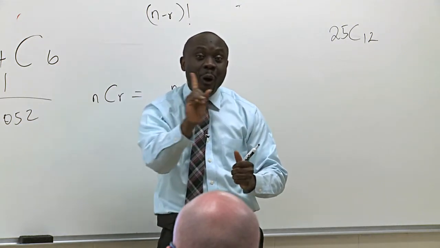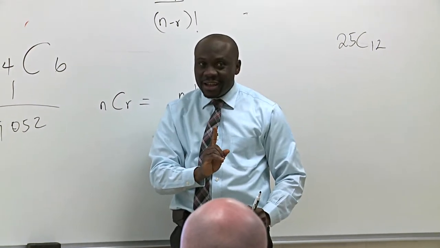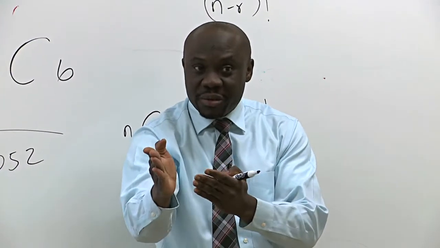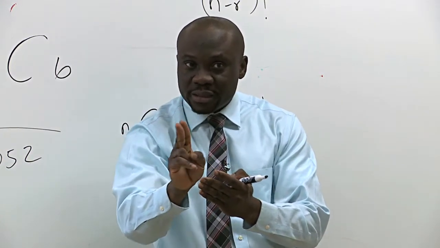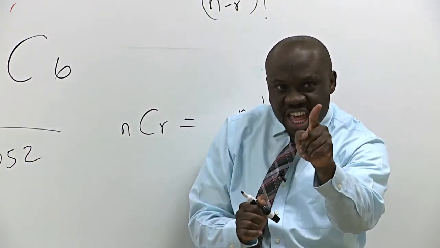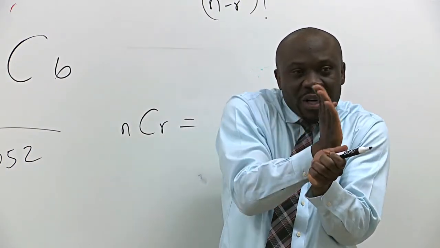But if the order is important, that on my first visit it must rain, in that case, there's order. It's going to be P. So it will be fixed, and then you can multiply by that probability.